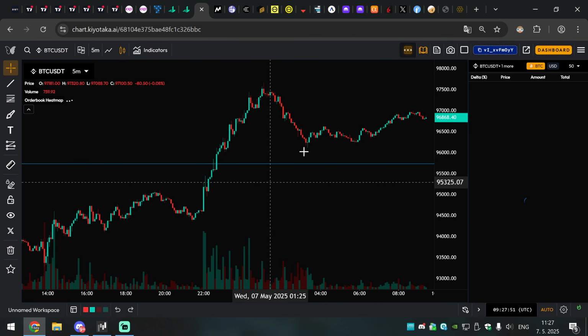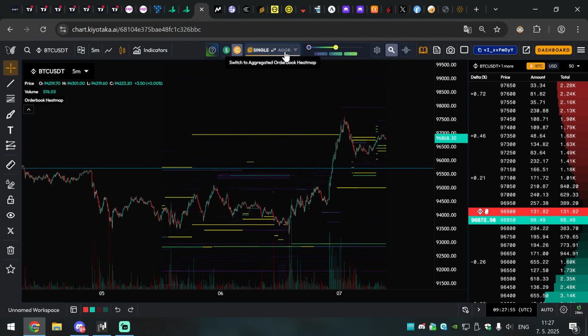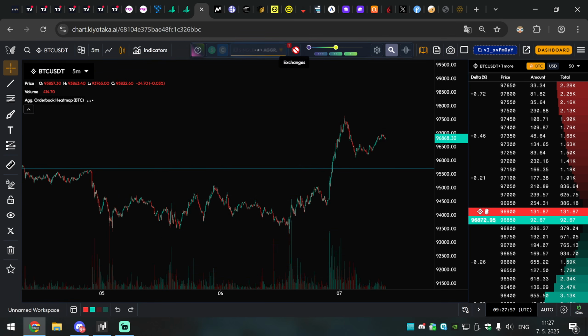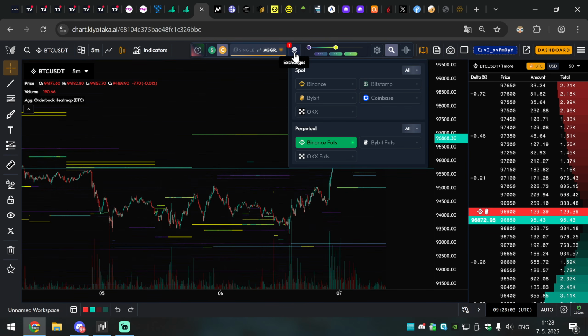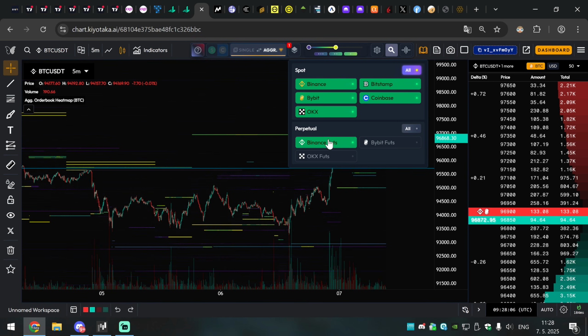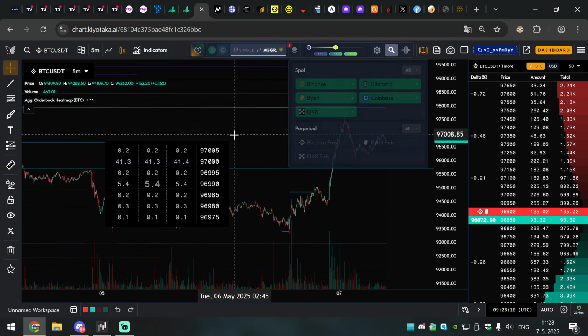So we go here, we switch. I will turn off futures, and now I will only see the spot walls from Binance, Bitstamp, Bybit, Coinbase, OKX.